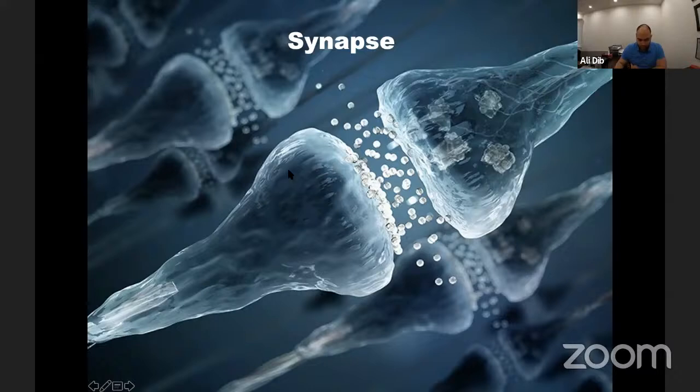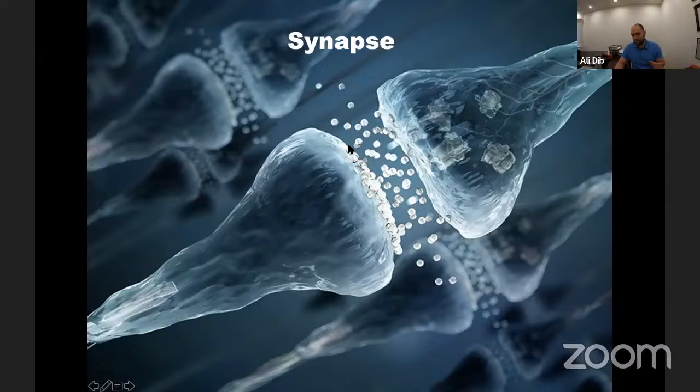These vesicles are basically waiting to be released. What triggers that release? It's that electrical signal that comes through the axon to the terminal that triggers the release of these vesicles. Okay, and so when that signal comes, the neurotransmitters are released into what we call the synaptic cleft over here, and all these little circles here are what we call the neurotransmitters.